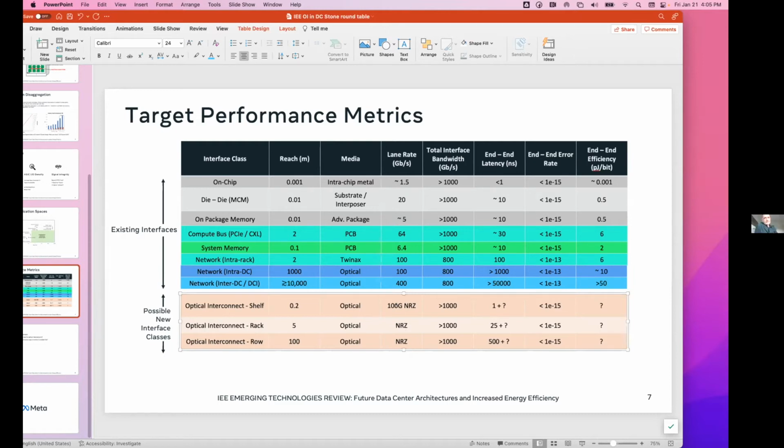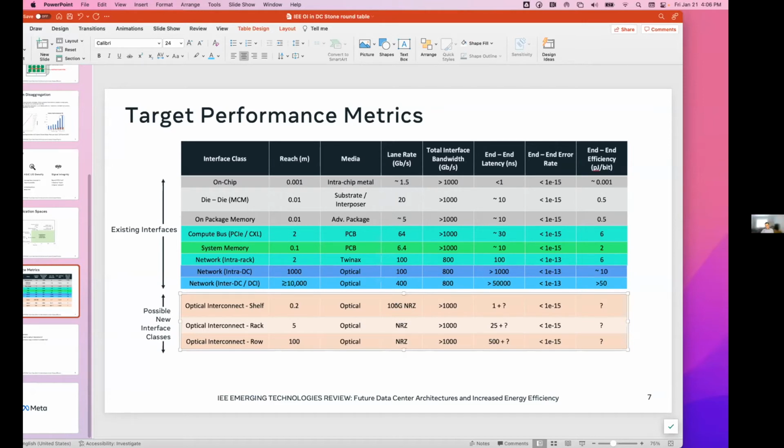But isn't your row application here sort of pooling? So you've got racks of memory, racks of processors, and in that case, doesn't that NRZ versus PAM4 latency become relevant? It does. It's just that scaling memory disaggregation at the row level is still thought of as a blue sky thing.